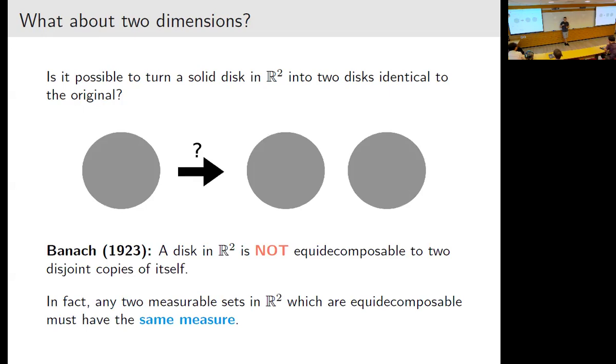In fact, Banach in 1923 proved that if you take 2 sets in R^2 that are measurable, so they have a well-defined area, and they're equidecomposable, then they have to have the same area. So you cannot turn 1 disk into 2 disks. You cannot take anything of a well-defined area and turn it into any other set of a larger area.